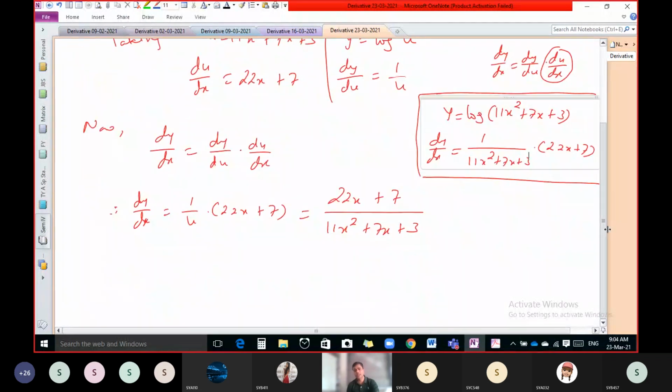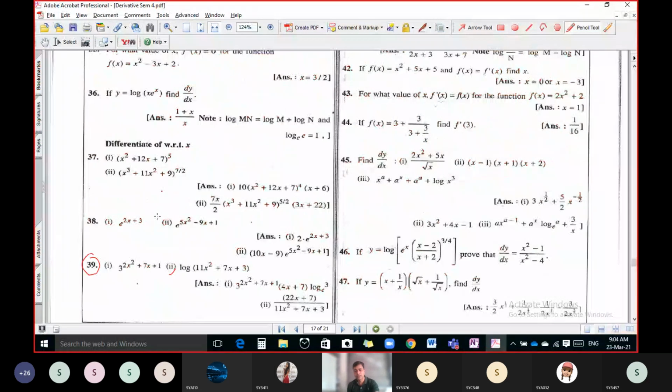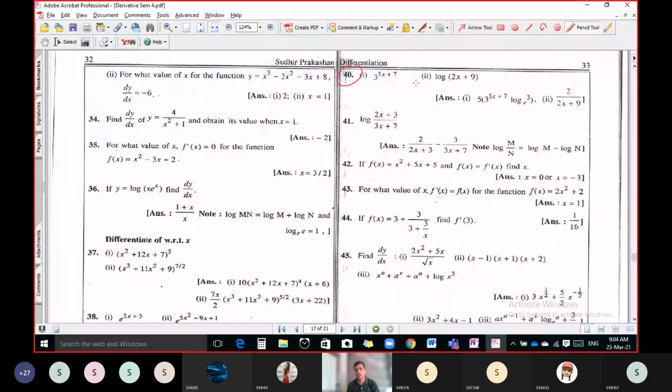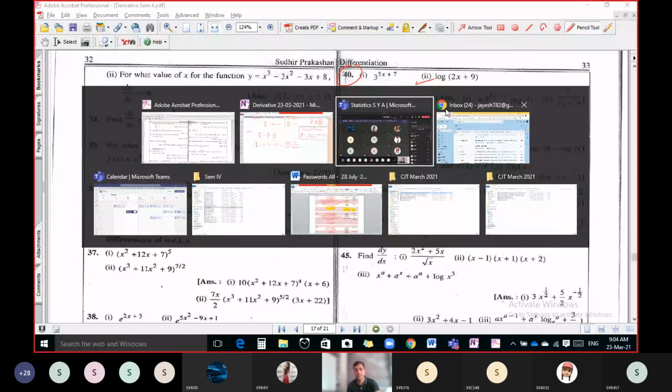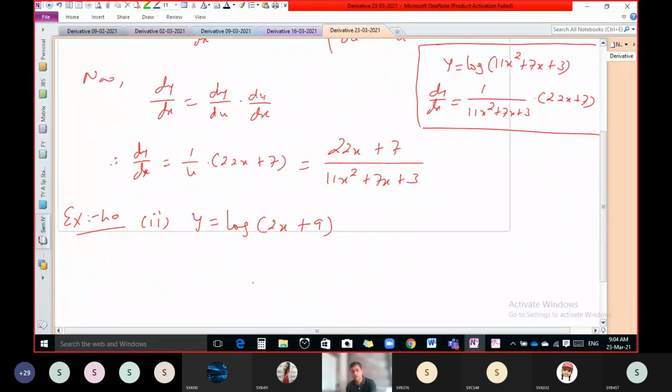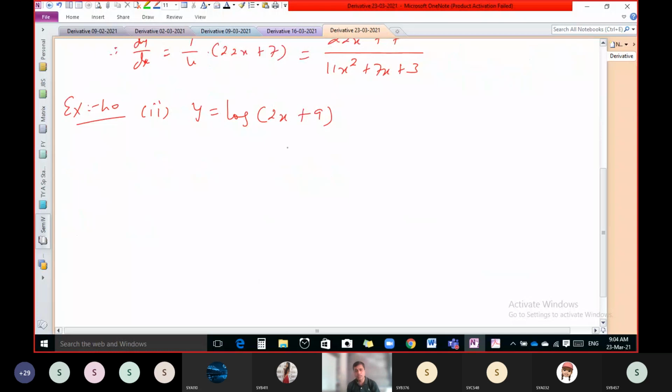Okay, let us do one more example of this type. Question number 40, second one, y equal to log of 2x plus 9. Now here once again you can consider u equal to 2x plus 9.